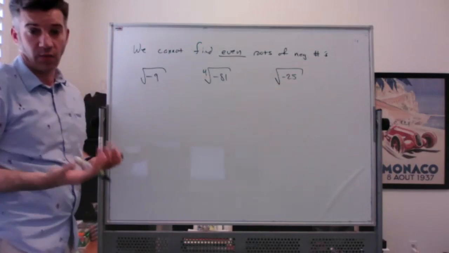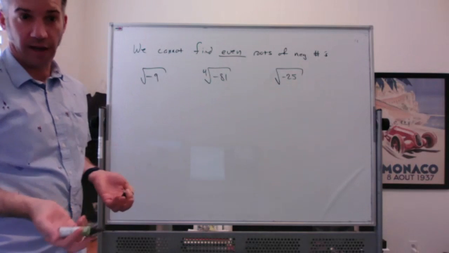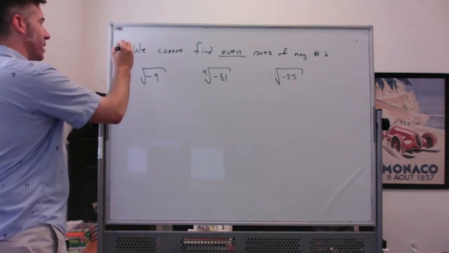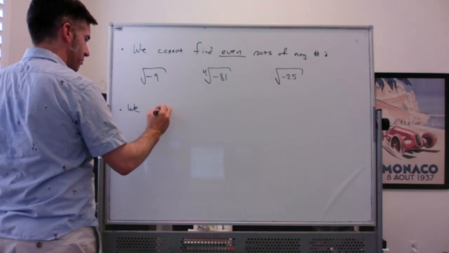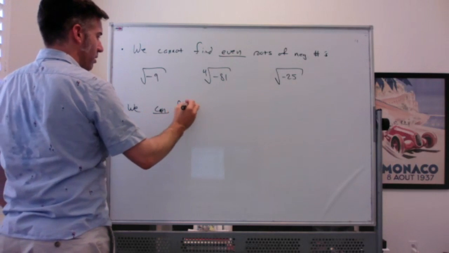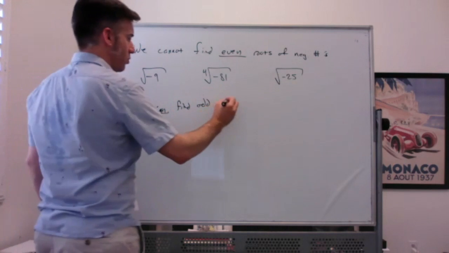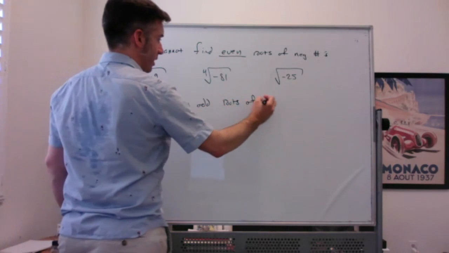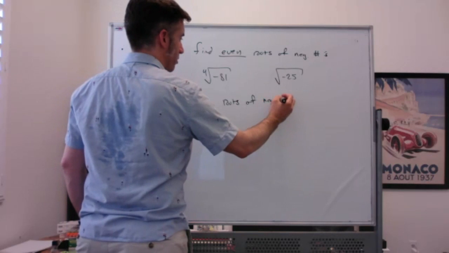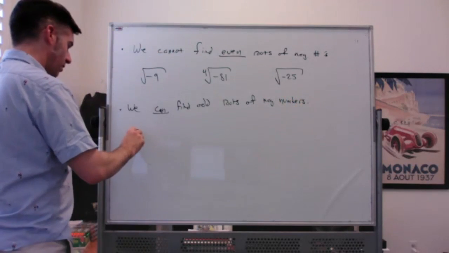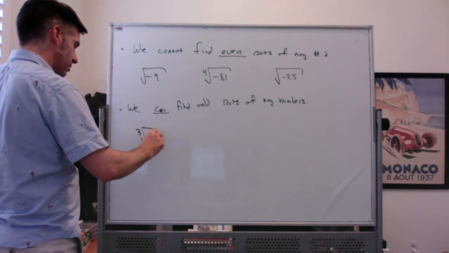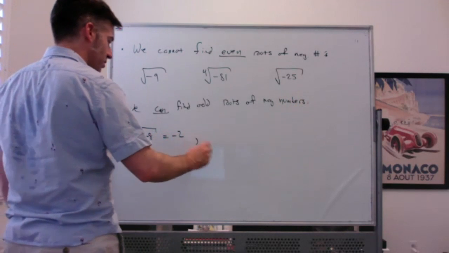All of these are not real, right? They're complex or imaginary. But I do want to point out, we can find odd roots of negative numbers. Like we just did. The cube root of -8 is -2.